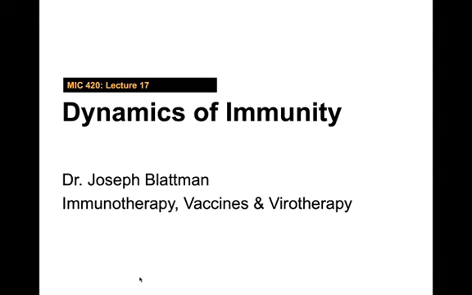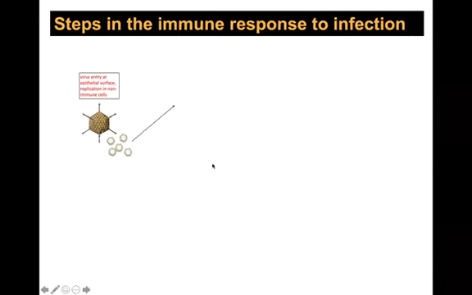Okay, so the first thing is when you think about a response or an infection, there are several steps that have to happen. And for those of you who haven't taken microbiology or virology, this is sort of a review of what happens during an infection. In this case, I work on viruses, so I'll use a virus as an example, but the same thing happens with bacterial infections.